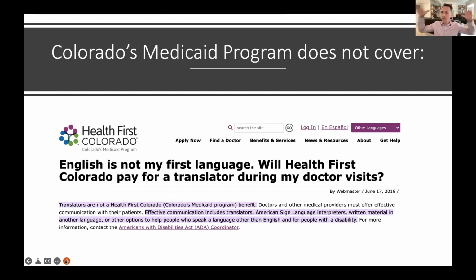This is where the medical assistants and the medical establishment can say, hey, listen, let's change this law, to remove this barrier to care by at least getting us money so we can get our translation service in place. So yes, the Colorado Medicaid program does not cover translation. That is on the onus of the facility. And this is from Health First Colorado, from the site itself.